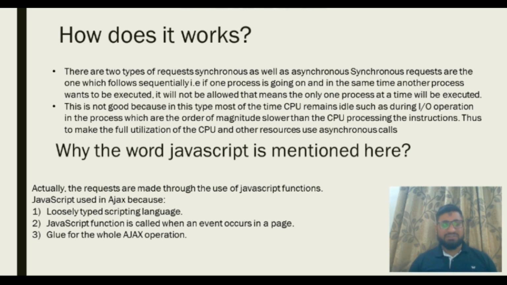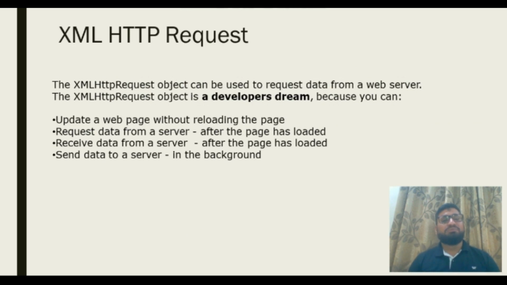Now students, what is XML HTTP request? The XML HTTP request can be used to request data from a web server. The XML HTTP request object is a developer's dream because you can update a web page without reloading the page, request data from a server after the page has loaded, receive data from a server after the page has loaded, and send data to the server in the background.